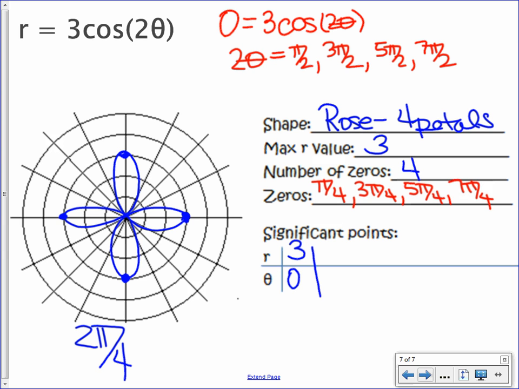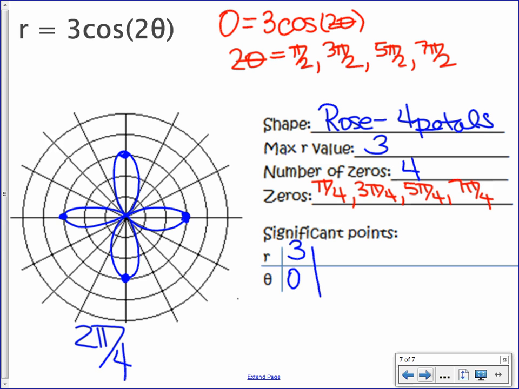But if that's something that you're interested in, if there is an odd number of petals, it only takes from 0 to pi to get it drawn in its entirety. But if there's an even number of petals, we have to go all the way from 0 to 2 pi to get those petals drawn. So if that's a pattern that you want to pick up on, great. If you don't remember it, it's not going to affect getting these graphs drawn.